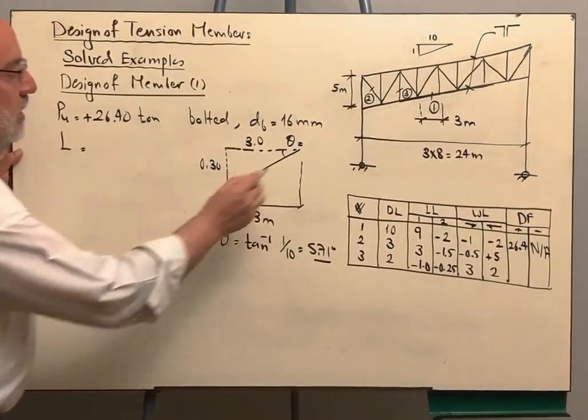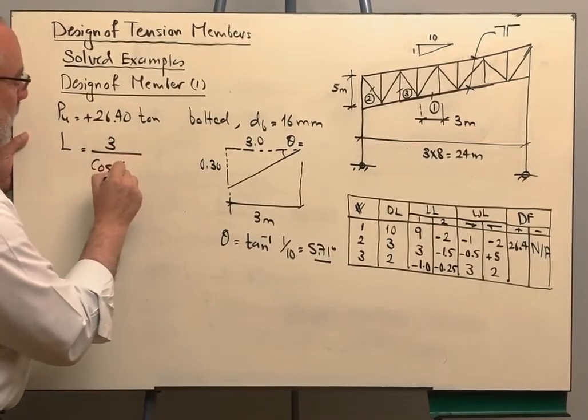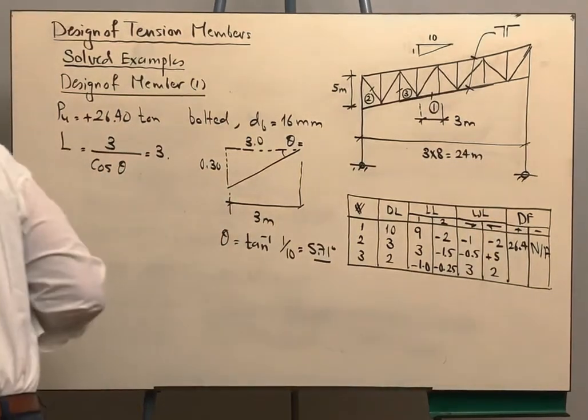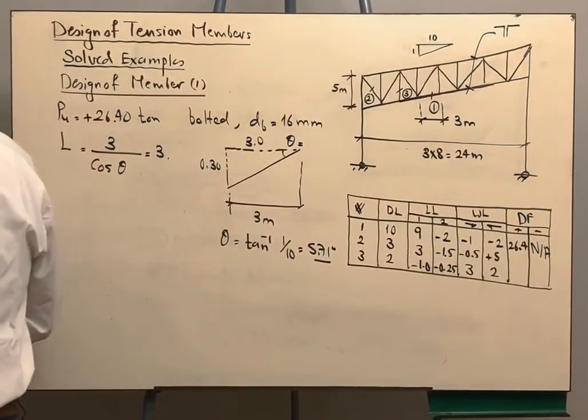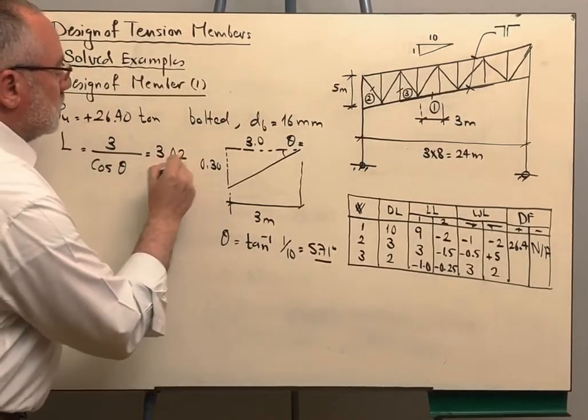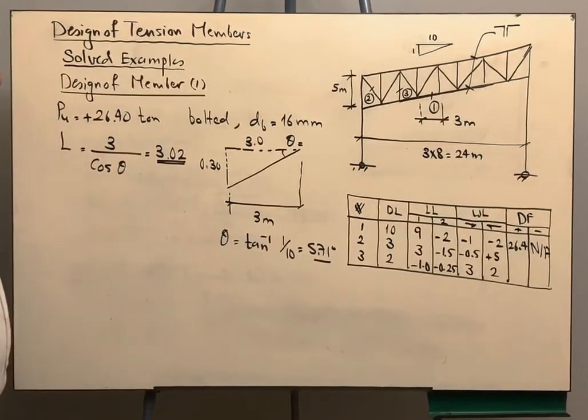Therefore, the length of this member is 3 over cosine theta, which is 3.05, or 3.02 if you want to be accurate, then we get the exact length.